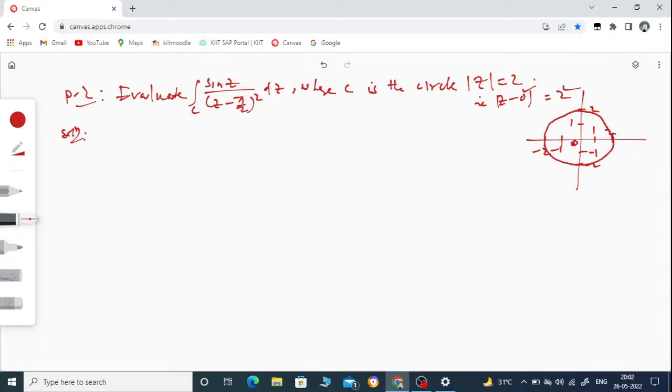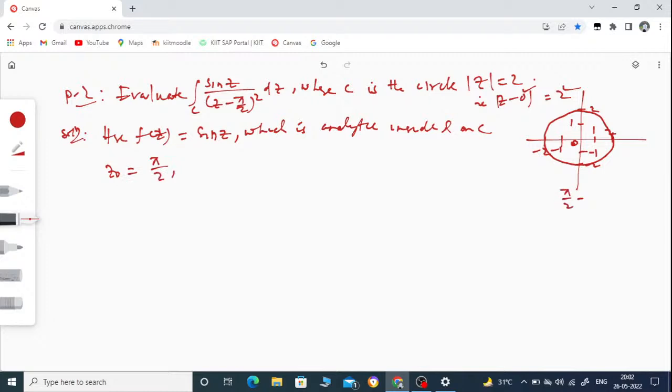I can write here f of z is sin z, which is analytic inside and on C. And what is my z naught? Here z naught is pi by 2.